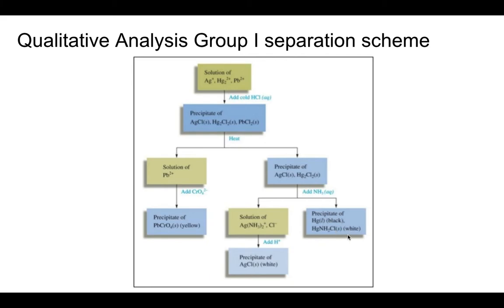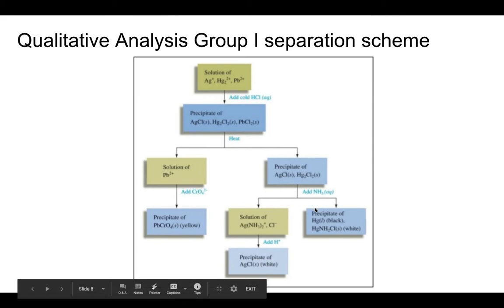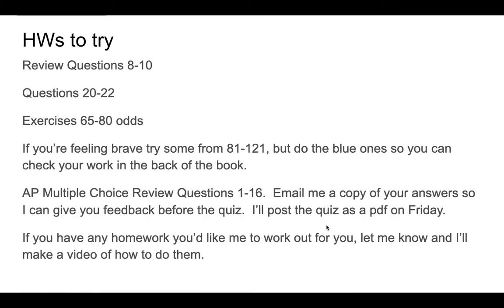So your precipitate is going to look gray because it's going to be a precipitate of the liquid mercury mixed with the solid HgNH2Cl. So a gray precipitate after adding ammonia and dissolving out the silver is an indication that you do have some mercury(I) as well.